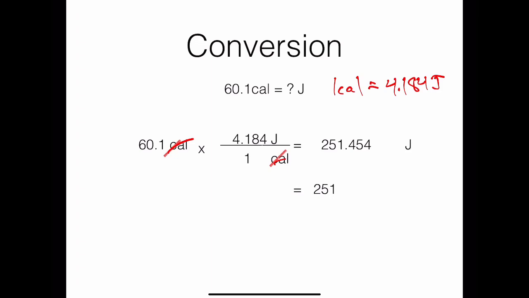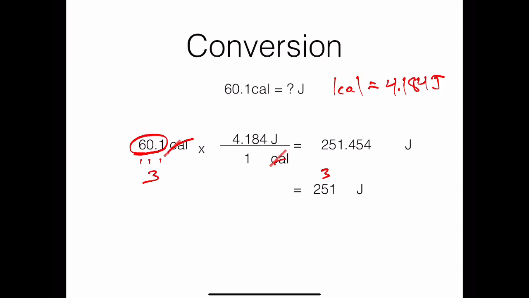Remember, conversion factors never guide our number of sig figs because conversion factors are said to have an infinite number of sig figs. So we're just looking at the first number, and our first number has 3 sig figs. It's got 2 non-zero digits, and then it's also got a captive 0. So that gives us a total of 3 sig figs. So we need to make sure we have 3 sig figs in our answer, and then to make this answer complete, we have to put the joule unit on the end of it.